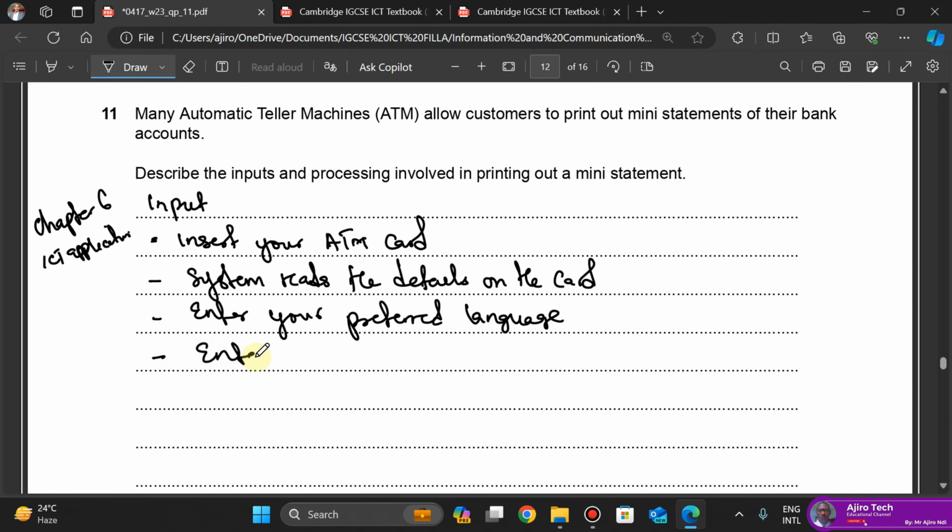Enter your PIN. Select your print option, which is in this case your mini statement.